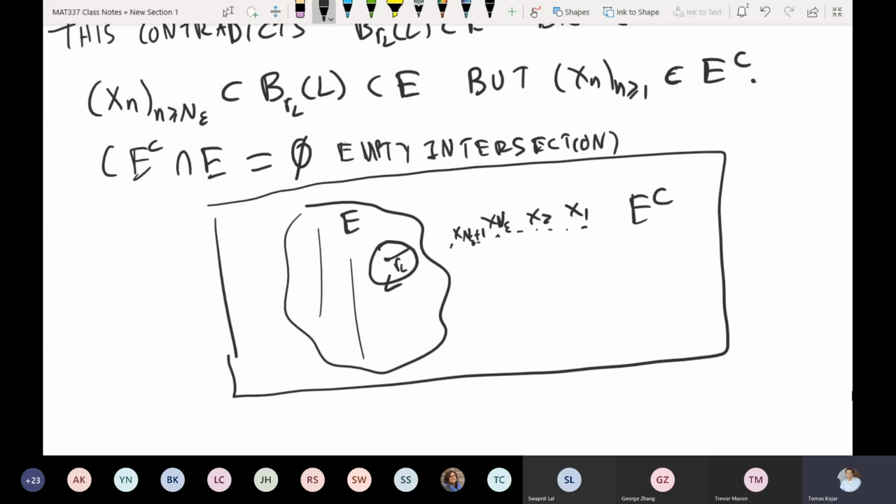And it says that some of these points fall inside.